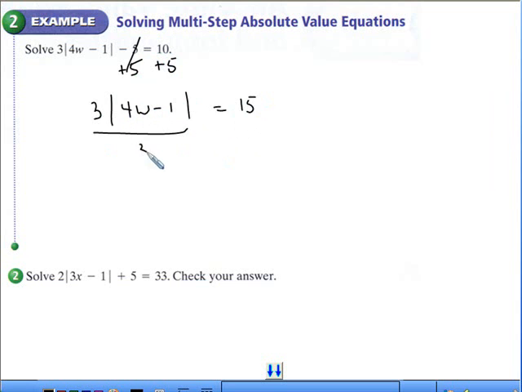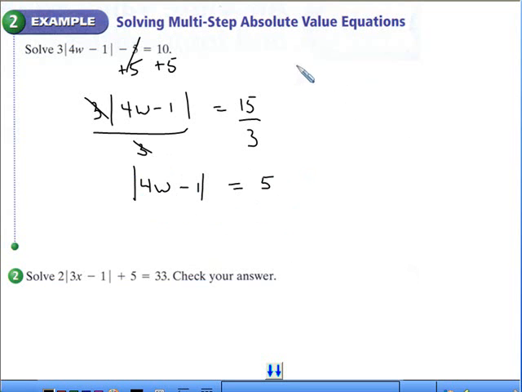Now divide by 3. These eliminate. We have absolute value of 4w minus 1 is equal to 5. Now that this is by itself, we can split them up into our two problems.